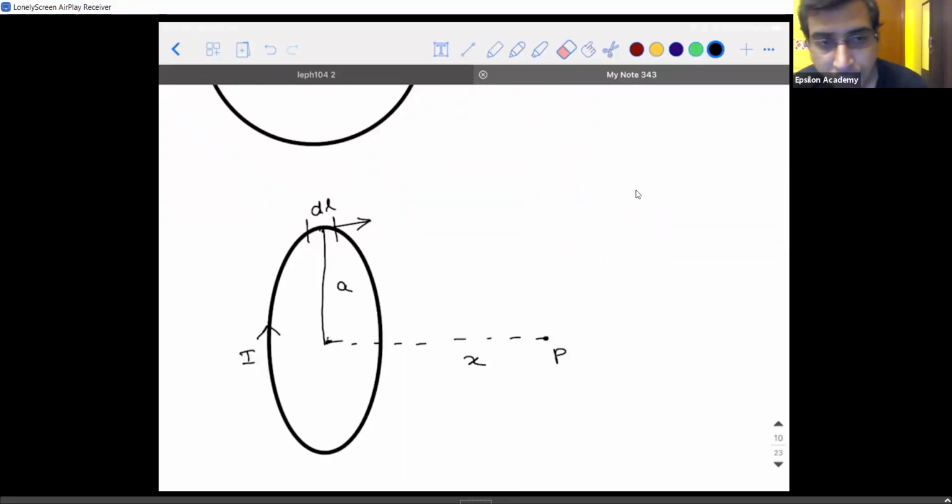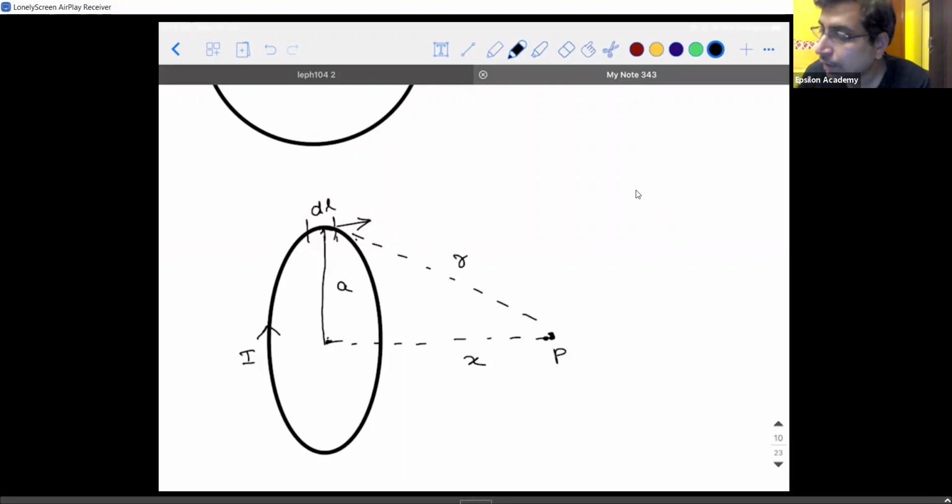Okay. Now, listen, this is a very important point. From dl, if I say the distance to the point P, whatever I've taken, is R.